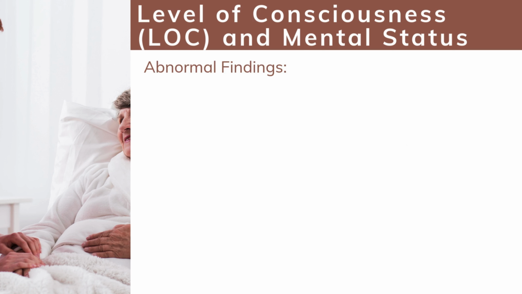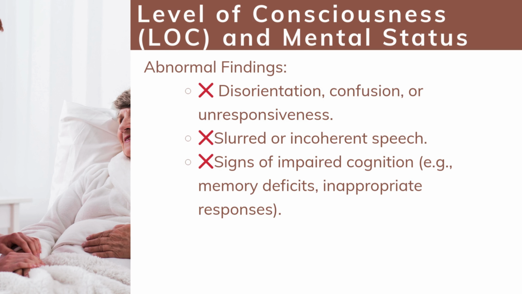Abnormal findings could include disorientation, confusion, or unresponsiveness, slurred or incoherent speech, memory deficits or inappropriate responses. For example, a patient with severe dementia may struggle to recall their own name or current location, indicating significant cognitive impairment.